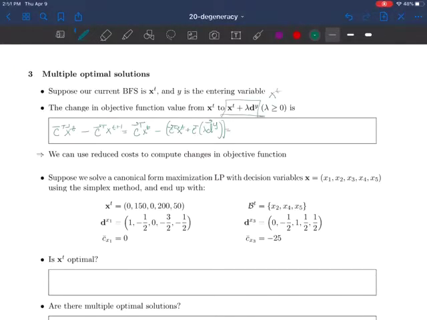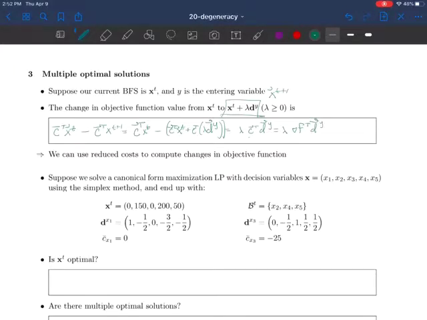I did a substitution because this is xt+1. The C transpose xt terms cancel out, so it's just equal to lambda times C transpose dy.